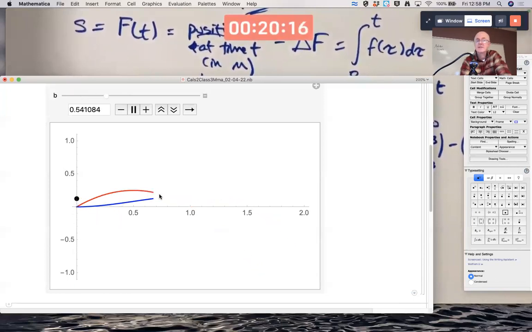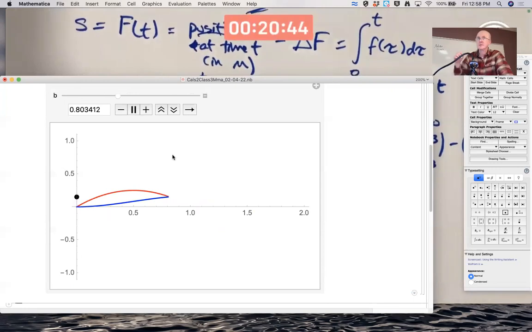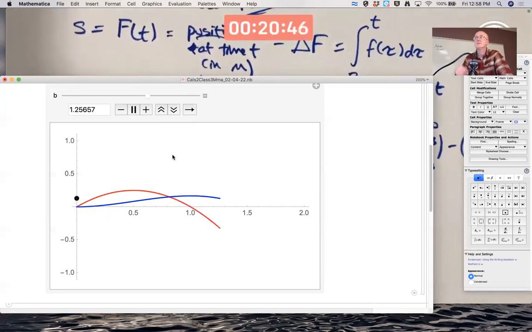The blue is the capital F that we found, 1/2 t squared minus 1/3 t cubed. Yep, the object goes up, turns around, comes down. And the change in position by the time we get to time 2 is negative 2/3, which is negative 0.6 repeating, which is happening right about now. It ended up 2/3 of a meter below where it started.